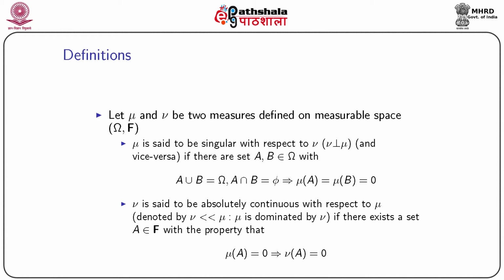Nu is said to be absolutely continuous with respect to mu. We denote it as nu less than mu, that is, nu is dominated by mu, if for every set A belonging to F, mu of A equals 0 implies nu of A also equals 0.